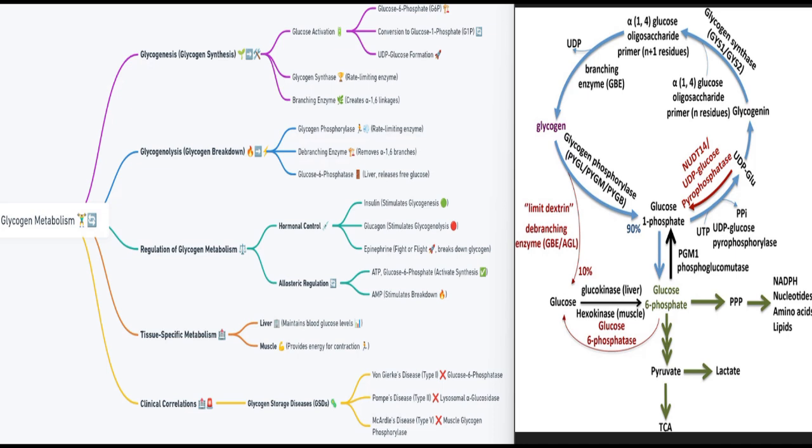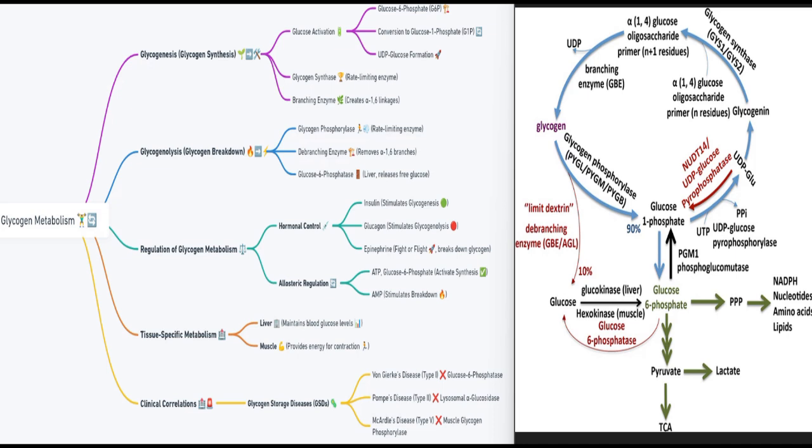And from there, glycogen synthase will come in and remove the UDP out and cause the glucose to be attached to the glycogenin and tyrosine, and then it keeps on elongating via alpha 1,4 glycosidic bonds.